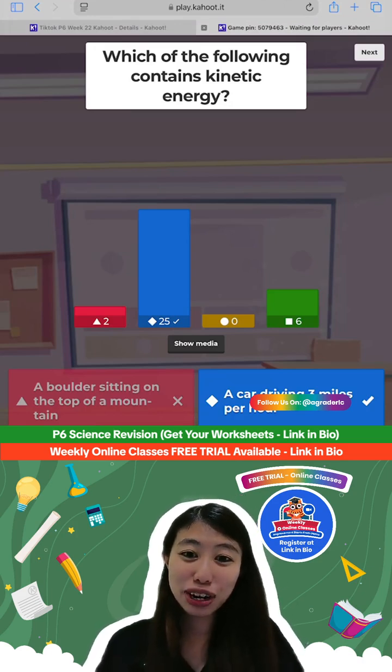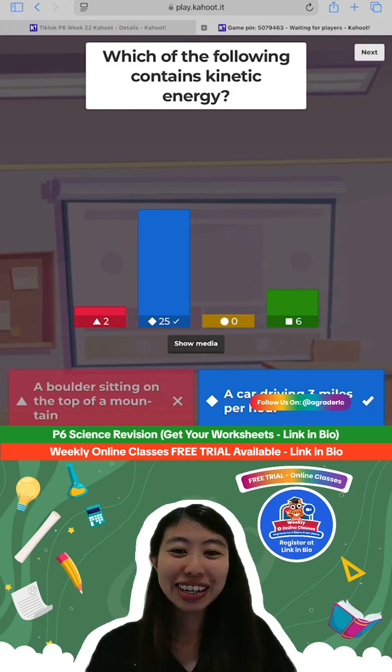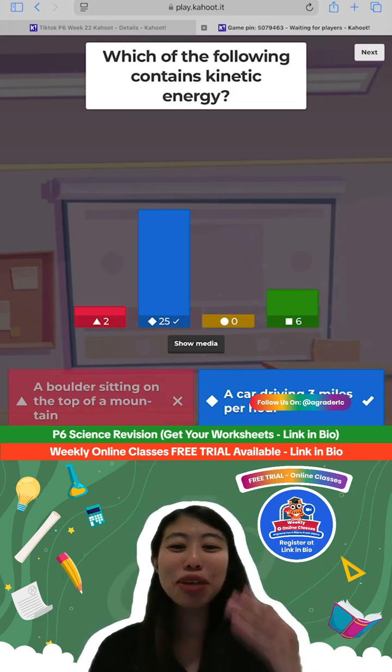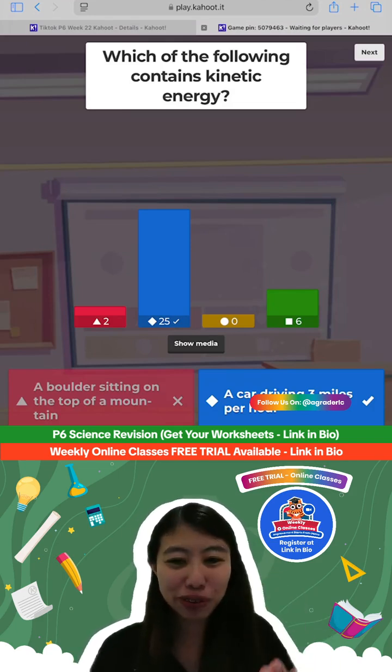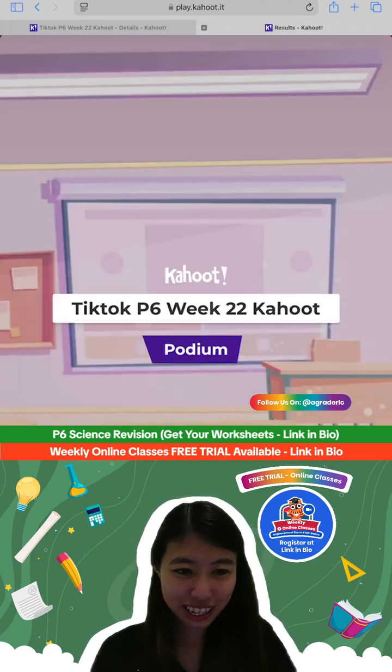A car that is driving about 3 miles per hour, which is basically moving. The moment you see driving means it's moving. Okay, moving, anything that moves has kinetic energy. Okay, so I'm gonna press next.